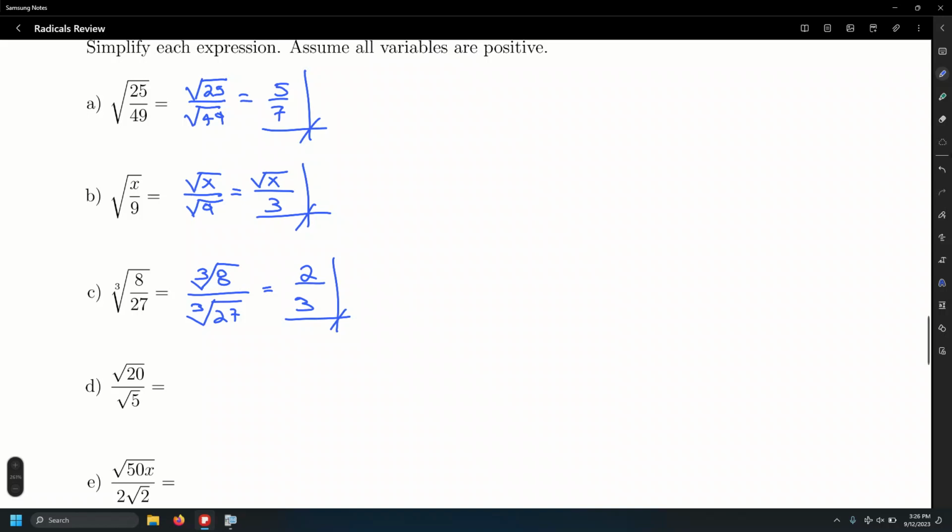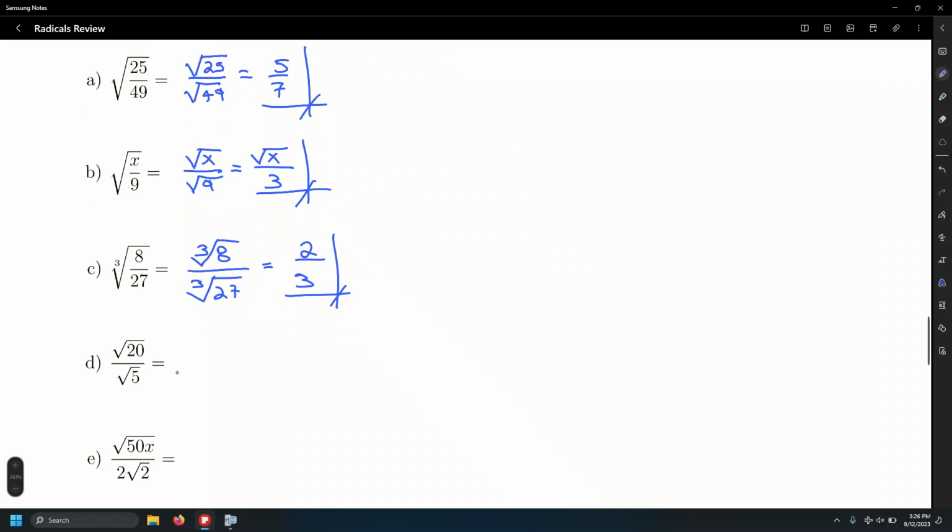Now, this time we have a quotient between two radicals. However, how about the square root of 20? The square root of 20 is not going to be a perfect root. And the square root of 5 is also not perfect. The number 5 is not a perfect square as well.